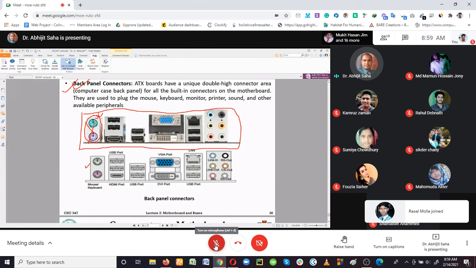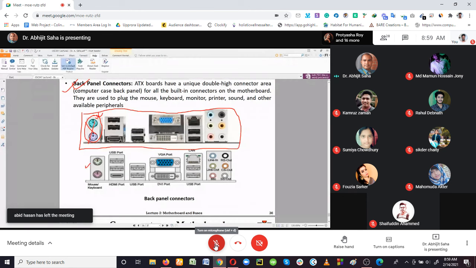Because all the keyboards and mice you buy from the market these days have been replaced with the USB connector, right? That means we will see more USB connectors, where we can connect different types of devices to our computer system.